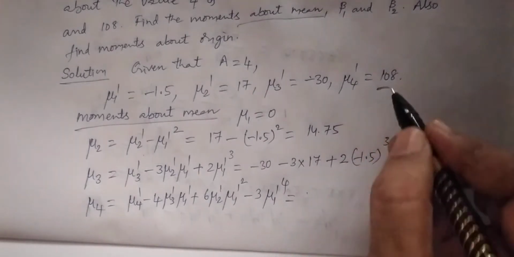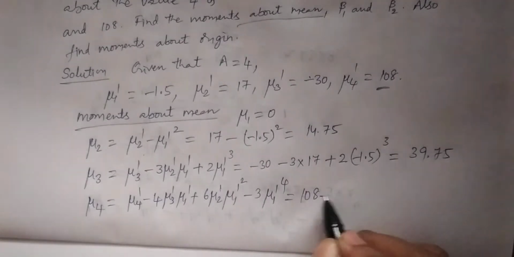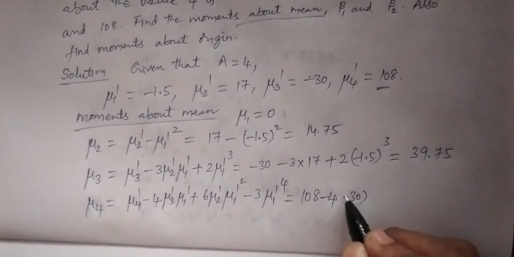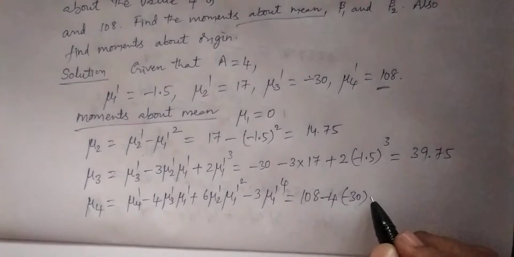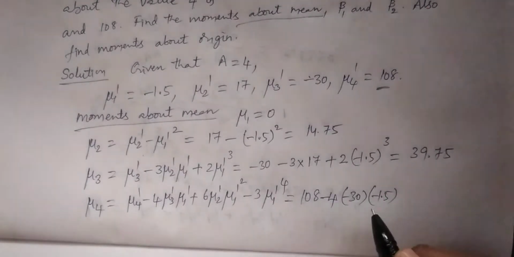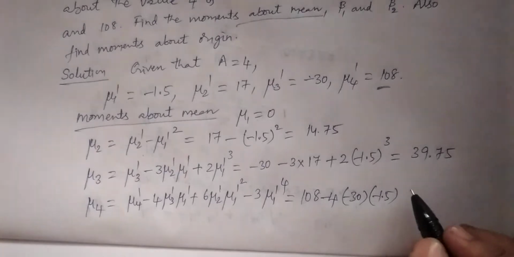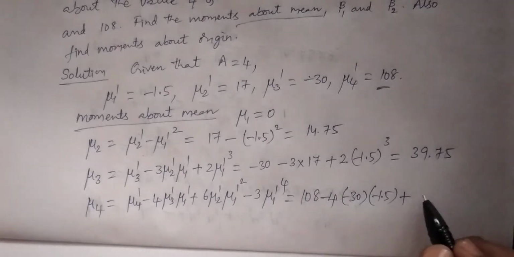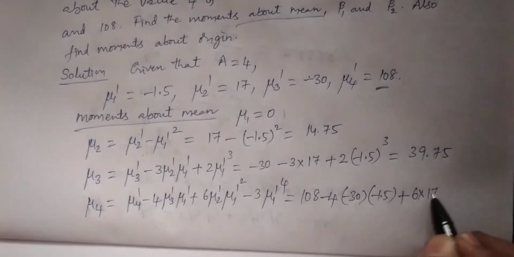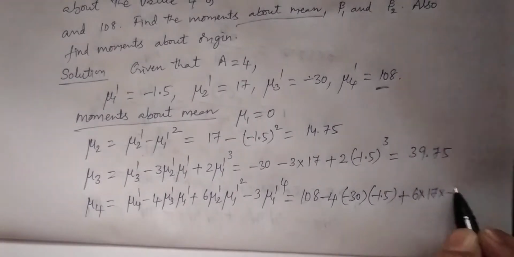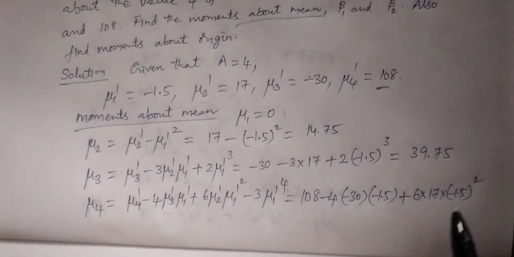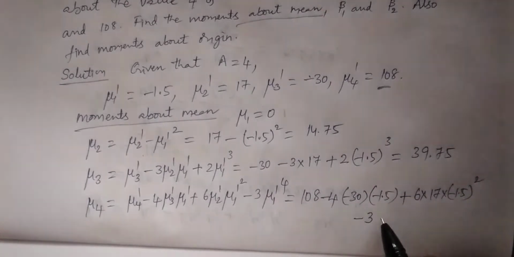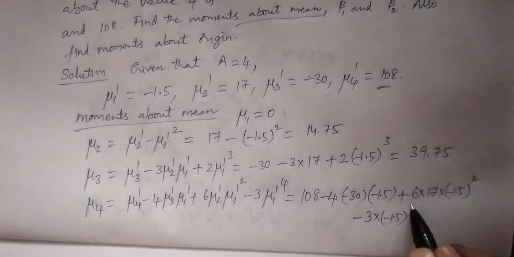Mu4 dash is 108 minus 4 into mu3 dash, which is minus 30, into mu1 dash minus 1.5, plus 6 into mu2 dash, which is 17, into minus 1.5 whole square, plus one more value, which is minus 3 into minus 1.5 whole power 4.